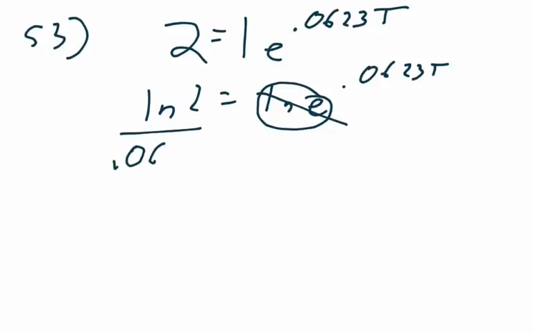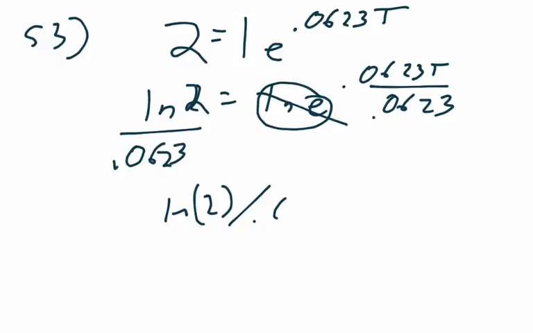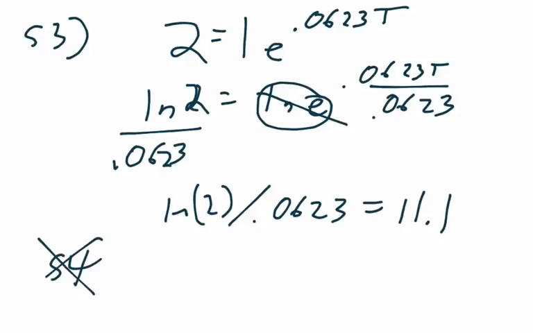And then I can just divide by 0.0623. So the natural log of 2, remember to end the parenthesis, divided by 0.0623 equals 11.1.